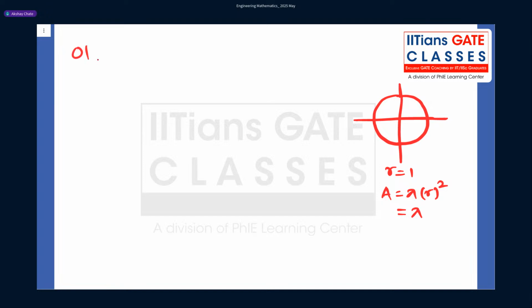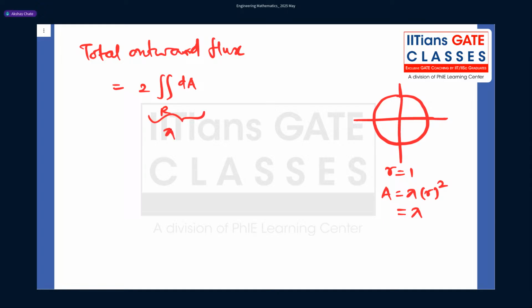Okay, so the total outward flux comes out to be 2 into this elemental area, right? So that is nothing but pi r square, and r is 1, so basically the answer is 2 pi.